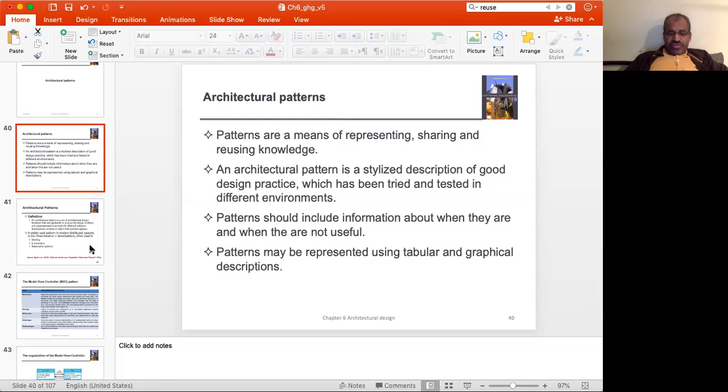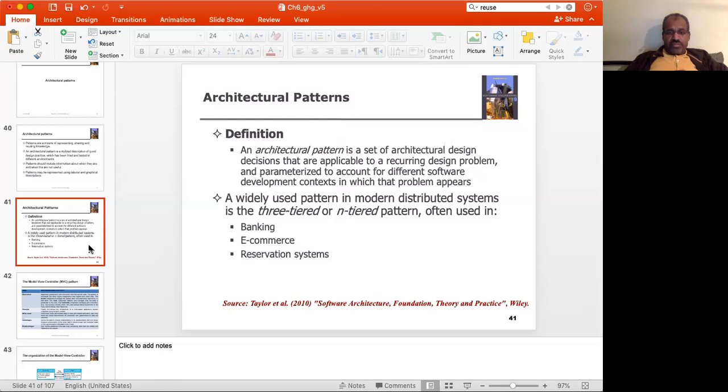There are many representations of patterns. We'll see one in a minute. Here's another definition of architectural pattern from another textbook. An architectural pattern is a set of architectural design decisions that are applicable to a recurring design problem. For example, maintaining data would be a recurring design problem.